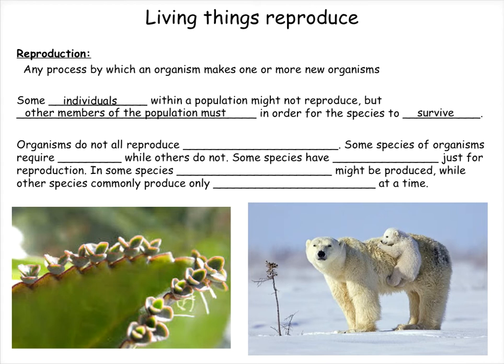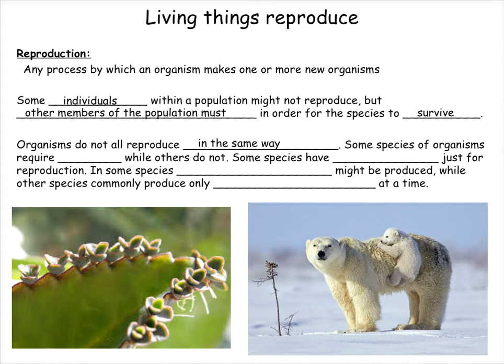It is also important to remember that although all organisms reproduce, they do not all reproduce in the same way. In fact, as we'll study this year, methods of reproduction vary widely throughout the species of the Earth.